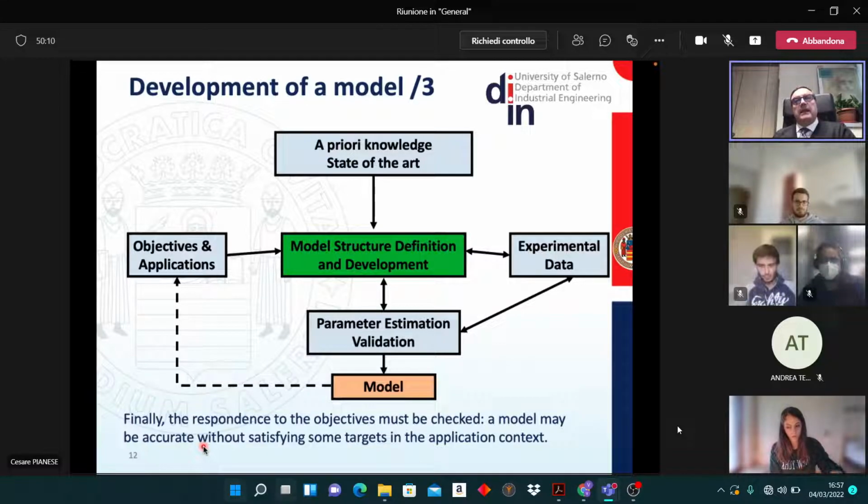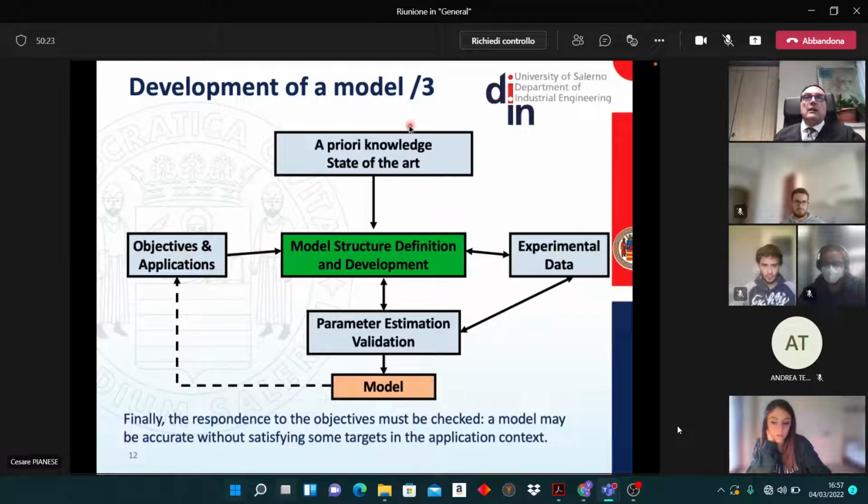So there are many parts of our process that may not be precise, but for sure, if we have wrong knowledge of the problem, or we don't formulate precisely the objectives, then all the information and the hypotheses we have made are not correct.